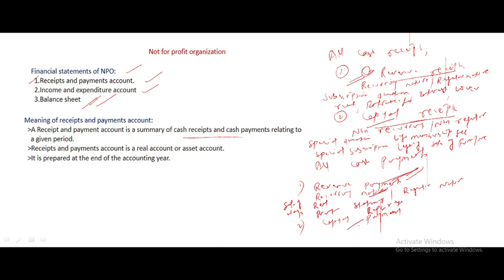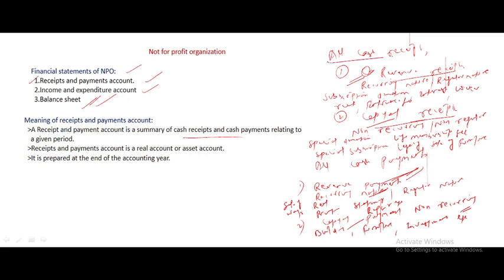Now, capital payments are those payments which are in non-recurring or non-regular nature. For example, building purchased, furniture purchased, investment, etc. These are capital payments.